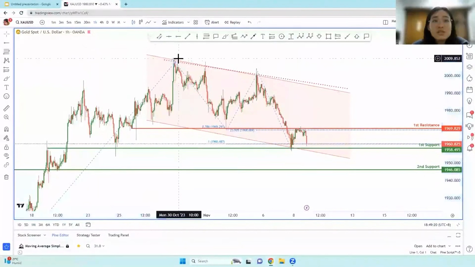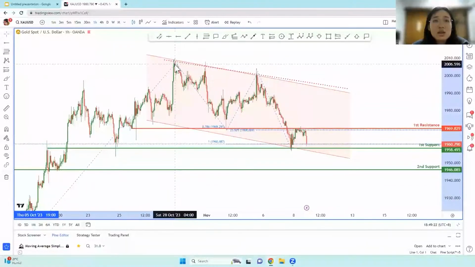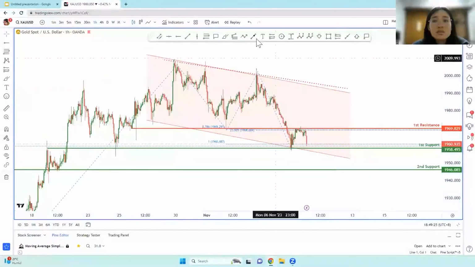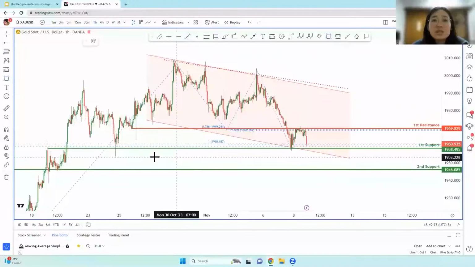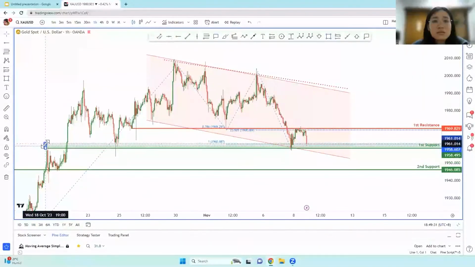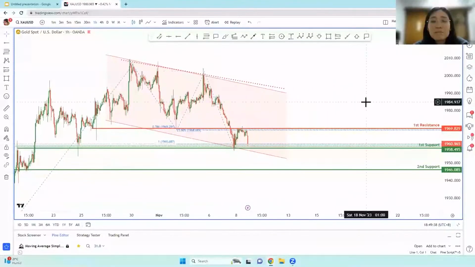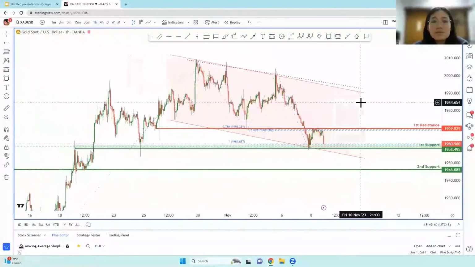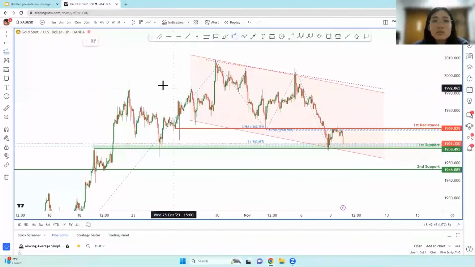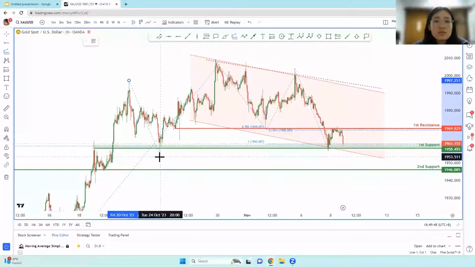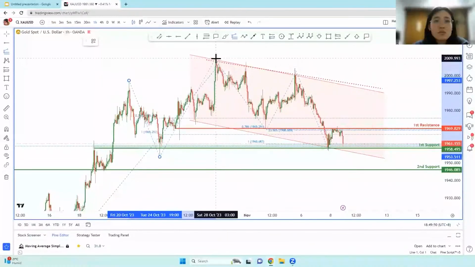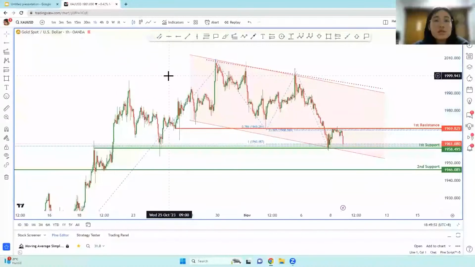You can see that this first support is pretty significant here. I think that's all the levels that we have.